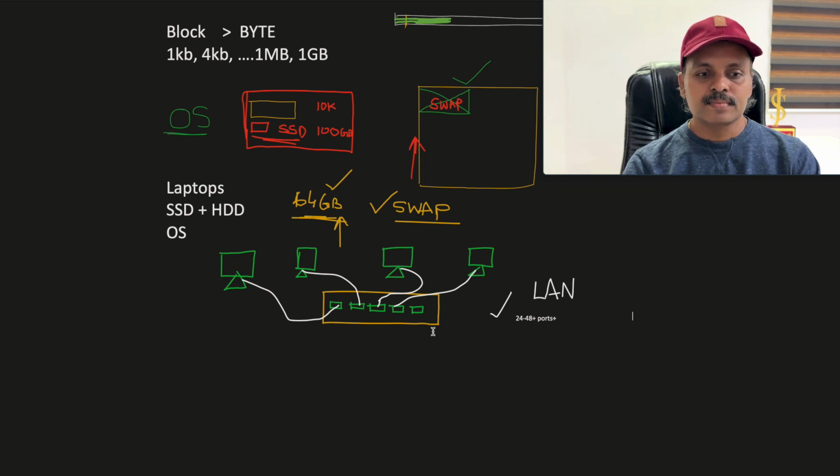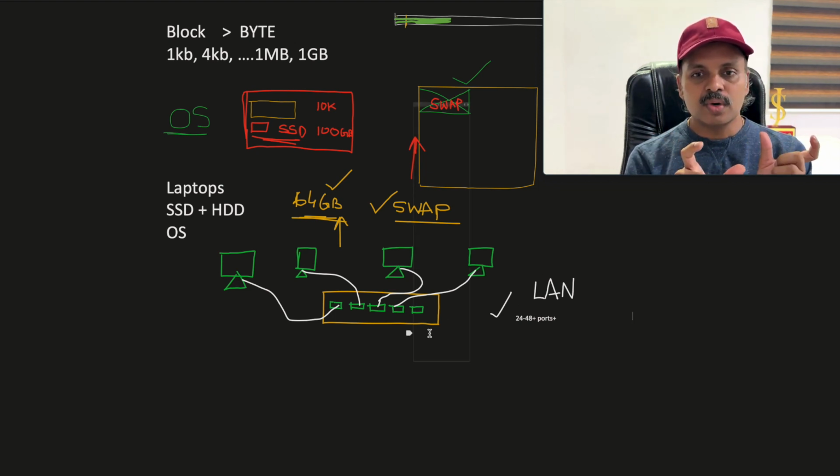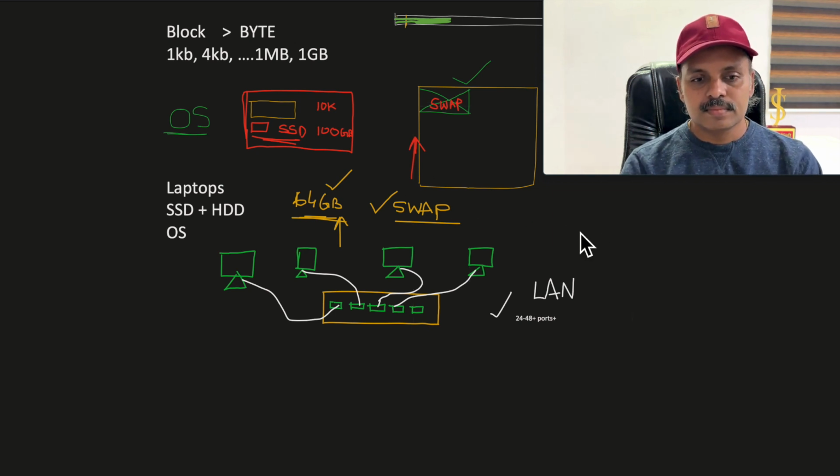If I have 2 switches, switch 1 and switch 2, and both are connected using a cable, then it is a single network. It's not 2 networks anymore. But if the switches are separate, not connected together, then they are 2 different networks. Okay?